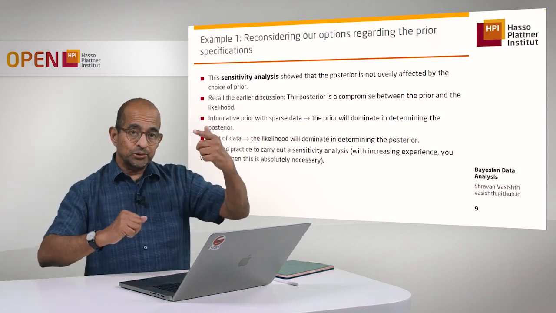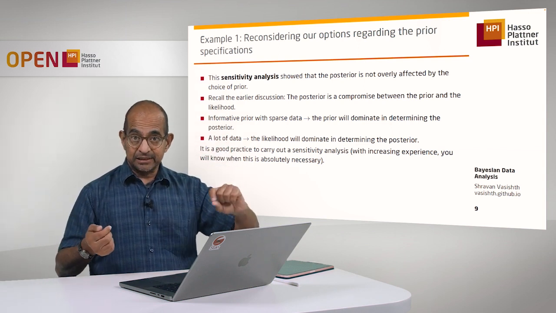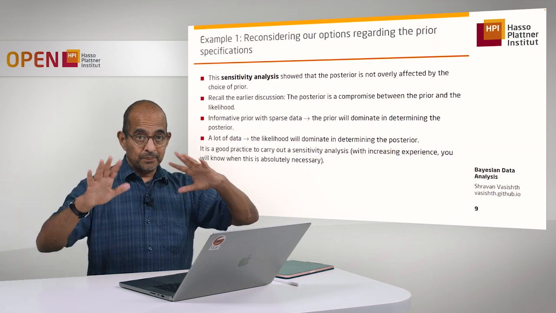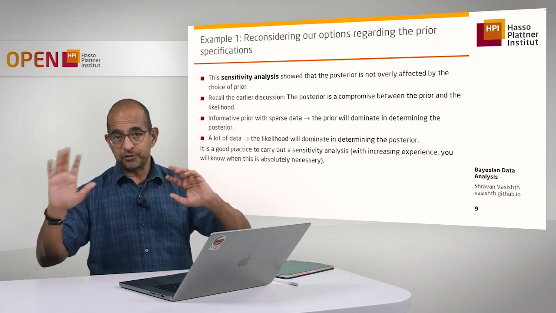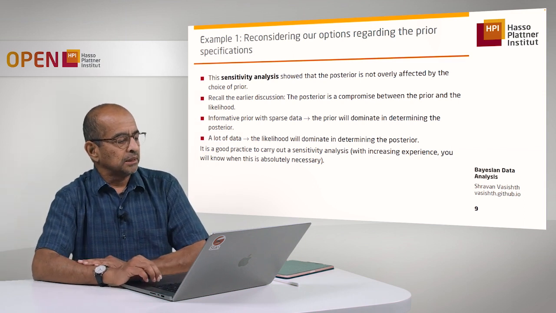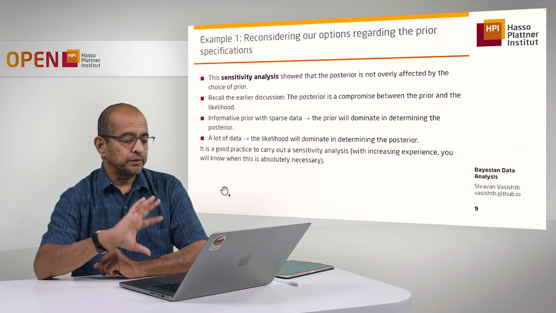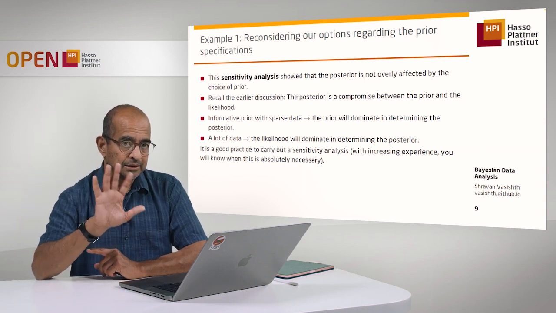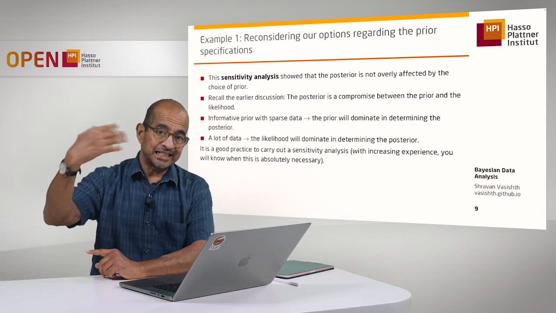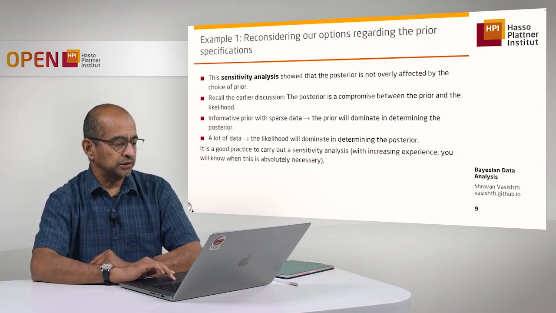And this should remind you again of the discussion we had earlier with the analytical Bayes that we did with the conjugate cases, that the posterior is a compromise between the prior and the likelihood. I have already harped on this point quite a bit, so I won't go on about it. But I just want you to keep in mind that we are really talking about what we have learned from the data in the light of our prior knowledge or beliefs or assumptions.